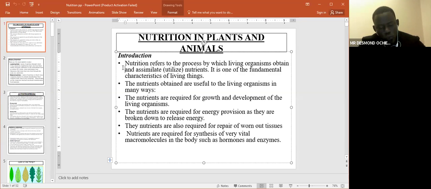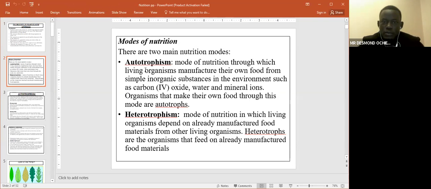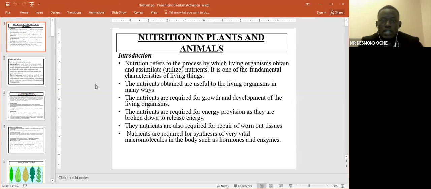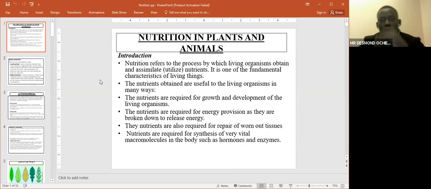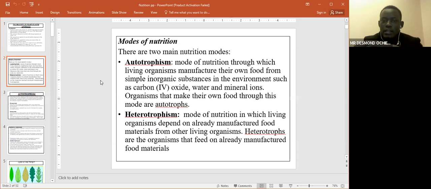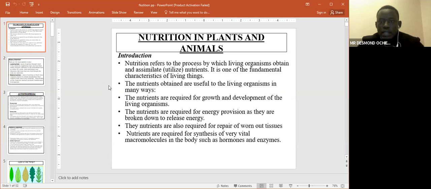And when you talk about nutrition, nutrition refers to the process by which living organisms obtain and assimilate nutrients. Now, the word obtain also means acquire.